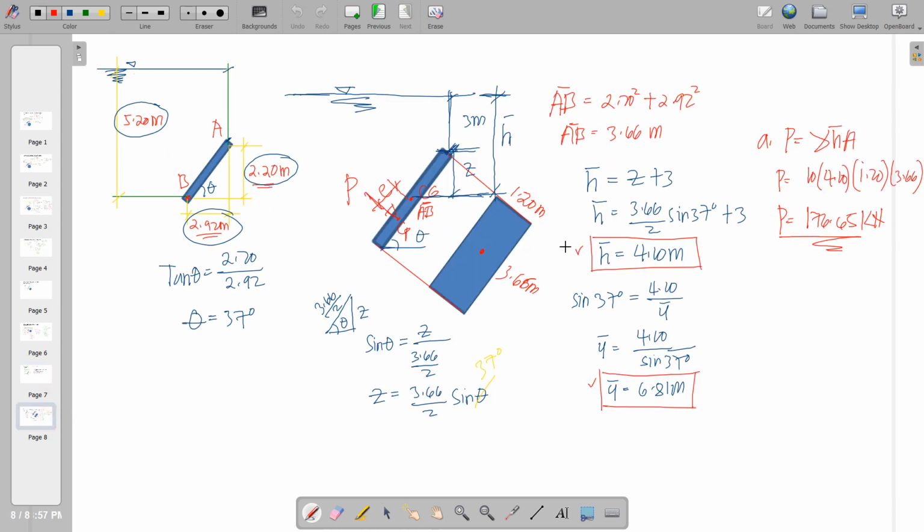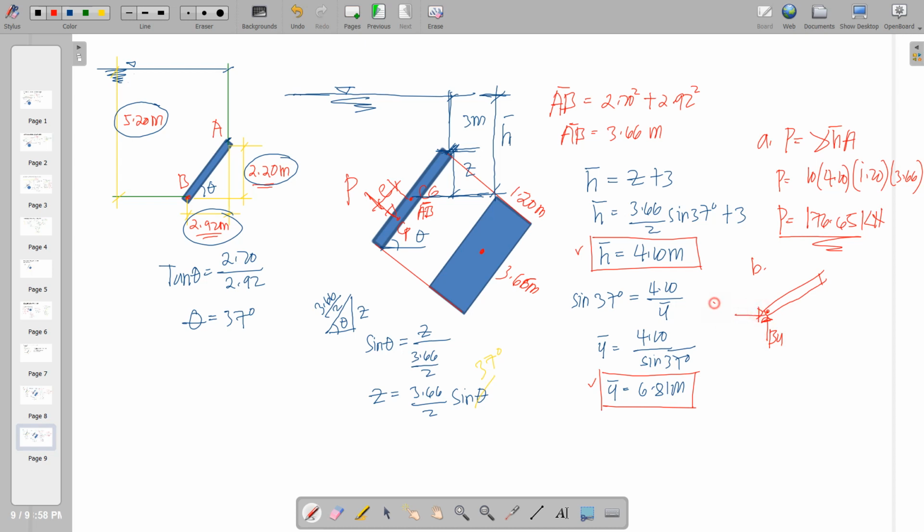So for the reaction force exerted on the wall after B, we'll just have to refer to this. Since this is hinged at B, there will be two reactions at B, say By and Bx, and this is the center of gravity, this is the center of pressure.